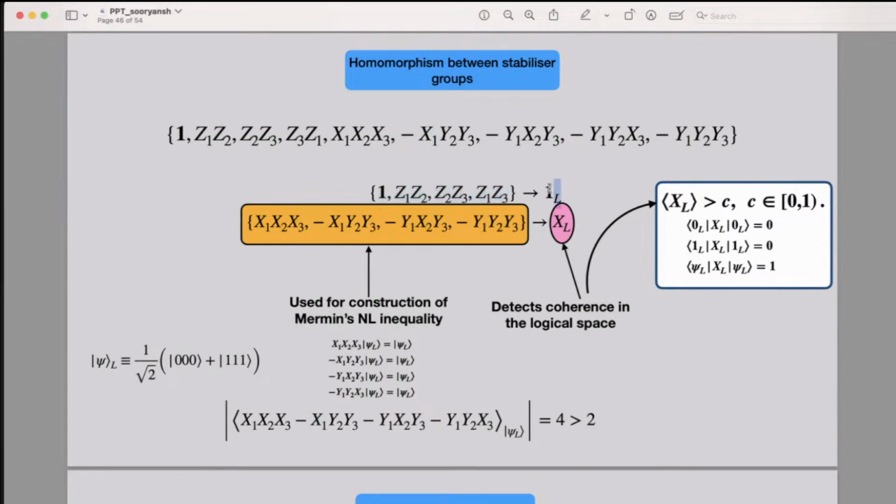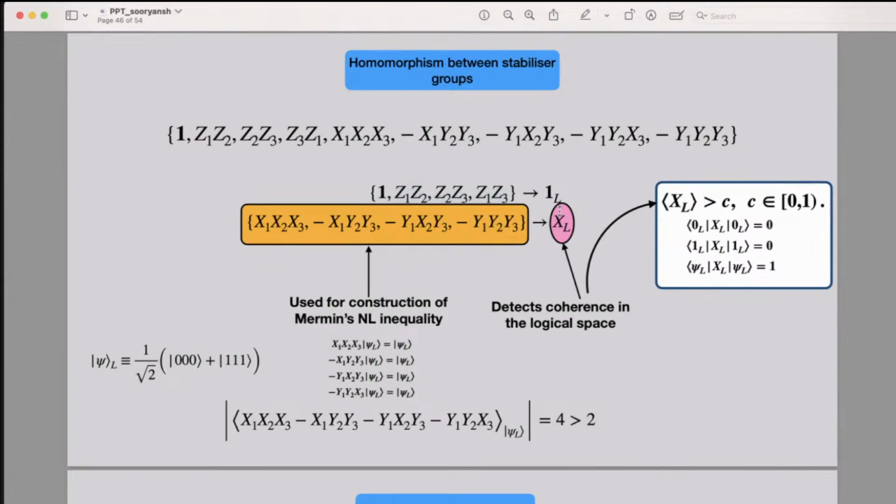This is identity here, and all the elements in its coset are also locally commuting. So here we will not get any separable or non-locality inequality solely constructed from these elements. What we need is a coset which contains locally non-commuting elements. This structure comes because the logical state is coherent.